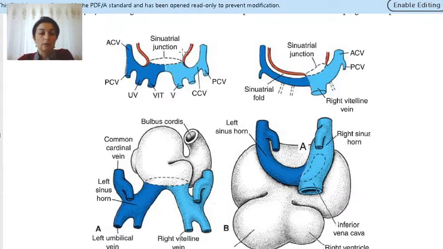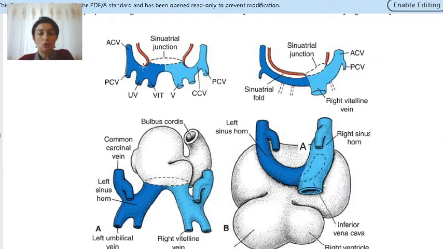Initially, there is a wide opening, the sinoatrial junction, with a large diameter. Here we can see two horns of the sinus, the right and the left horn.